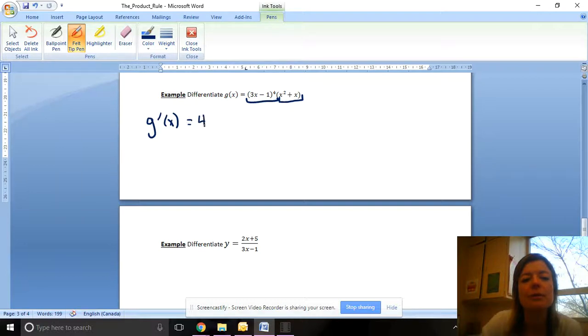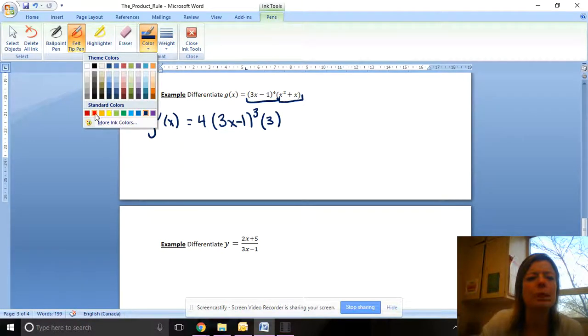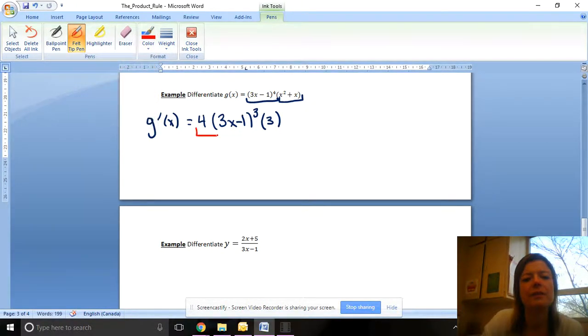So we bring down the 4. We're left with 3x minus 1, we keep it the same. Now we reduce the exponent by 1, and then multiply by the derivative of what's inside, which is just 3. So that whole thing, what I just did, is the derivative of function 1.